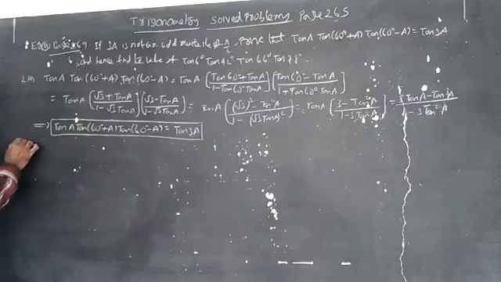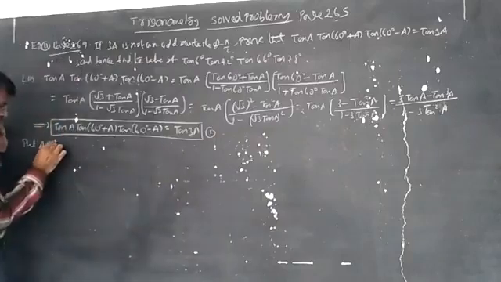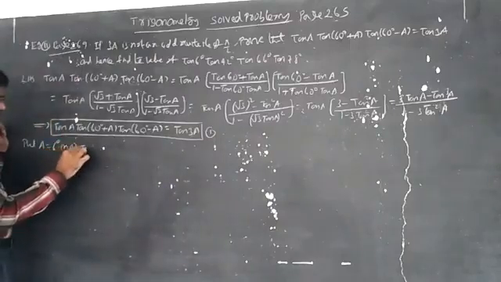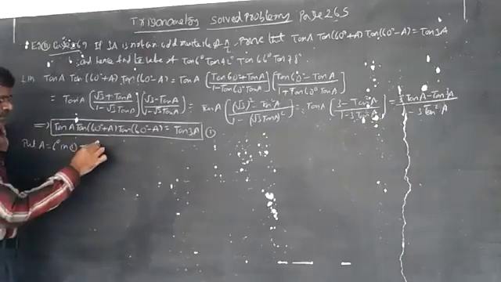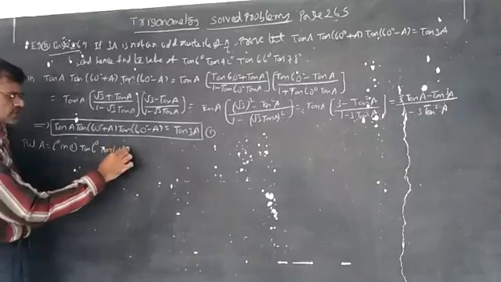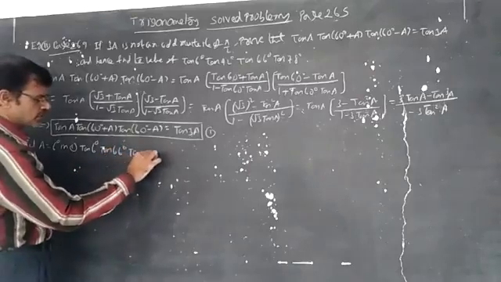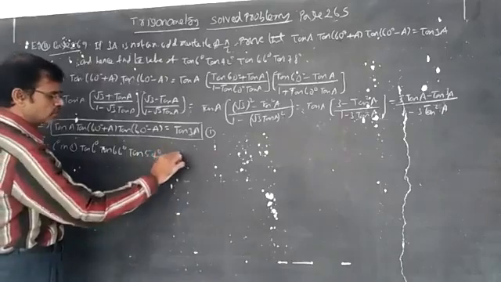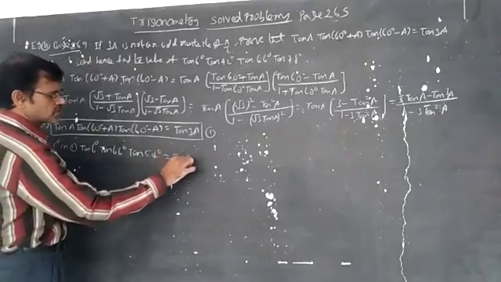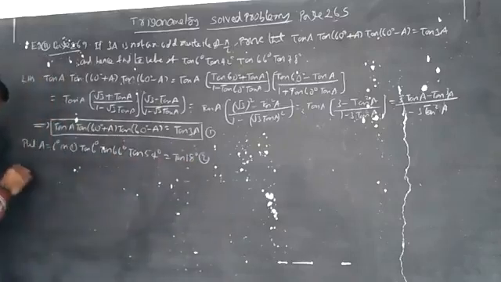Now put a is equal to 6 degrees in equation 1. It becomes tan 6 degrees into tan 60 plus 6 becomes 66 degrees into tan 60 minus 6 becomes tan 54 degrees is equal to tan 3 into 6 becomes 18 degrees. Let this be the first equation.